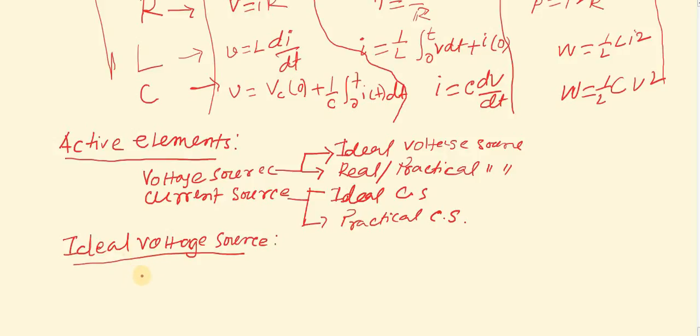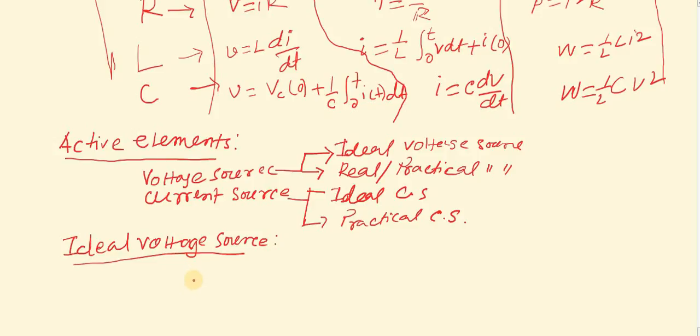An ideal voltage source is a two terminal device which maintains a constant voltage, a particular value of voltage at its terminal, regardless of any value of current flowing through that terminal. That means the voltage remains constant whatever value of current flows through it. That is the ideal voltage source.